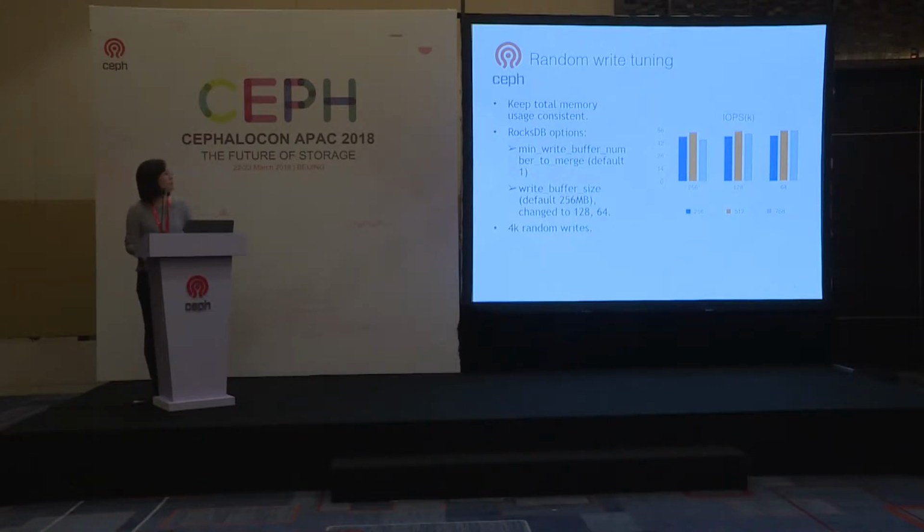Yeah. So the right chart is the IOPS with different write buffer number and write buffer size. Why do we decrease the memtable size? We know that every memtable is a skip list or tree or something like that.